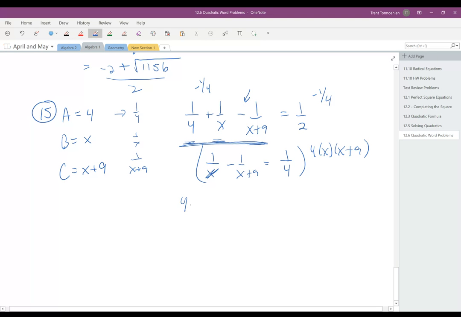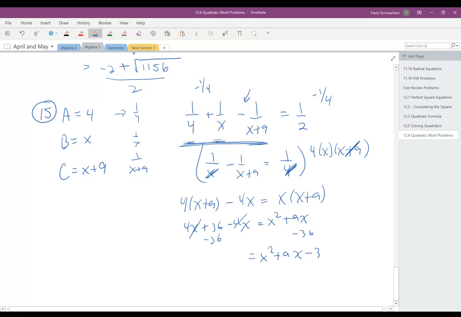The x cancels here, so you get 4 times x plus 9 minus the x plus 9 cancels there, so it's 4x equals, and then the 4 canceling, x times x plus 9. That gives me 4x plus 36 minus 4x, so those cancel, equals x squared plus 9x. Subtract 36 from both sides, and we get x squared plus 9x minus 36.